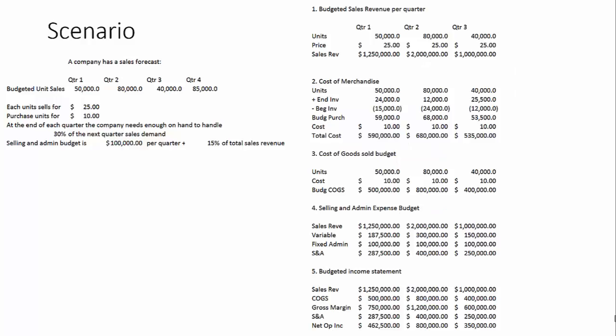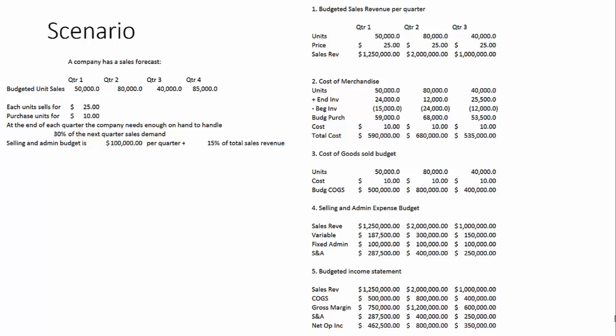And then finally, we calculate a budgeted income statement. This takes the sales revenue that we calculated in part 1. It takes the COGS that we calculated in part 3. And we take the sales revenue minus the COGS, which gives us a gross margin.